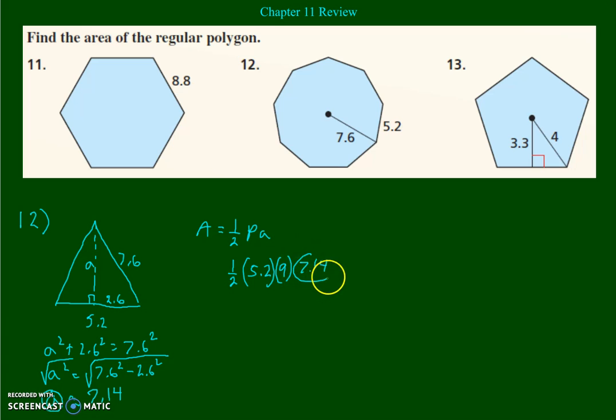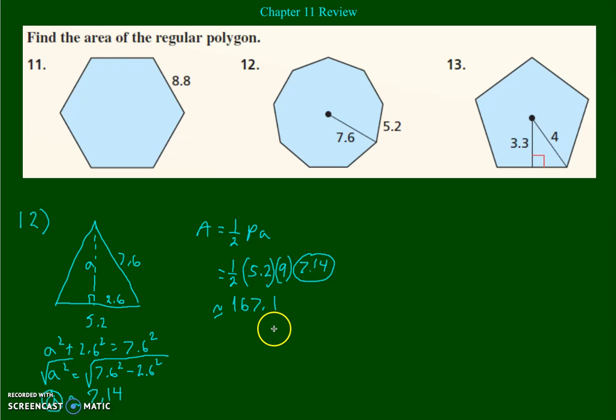And again, I'm not going to use 7.14. I'm going to use the value that I've stored away. So I can plug these into my calculator and get my final result, which is approximately 167.1.